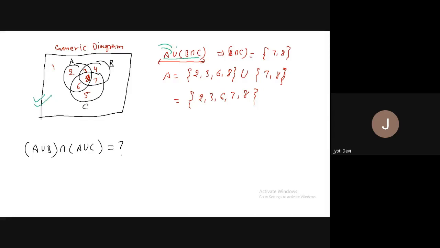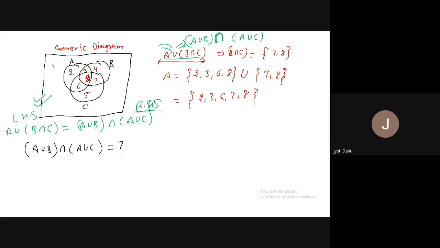So if I distribute, means if I open this, then A union B intersection A union C. Okay, so we can say that A union B intersection C is equivalent to A union B intersection A union C. It is your LHS, it is your RHS.